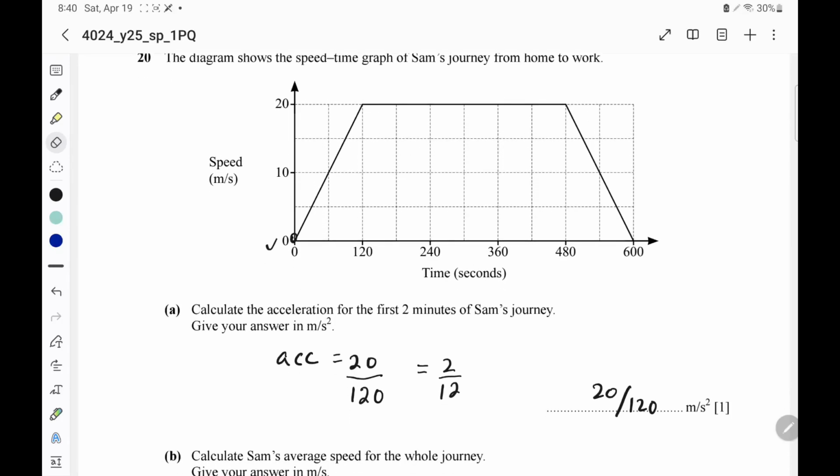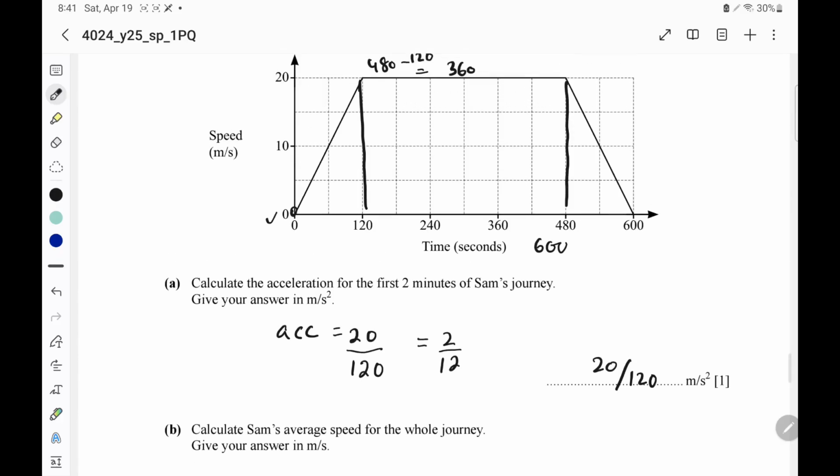So the parallel lines of this trapezium, if I check, one is equal to 600 here, and then whenever I check this one, 480 minus 120, so 480 minus 120 is 360.